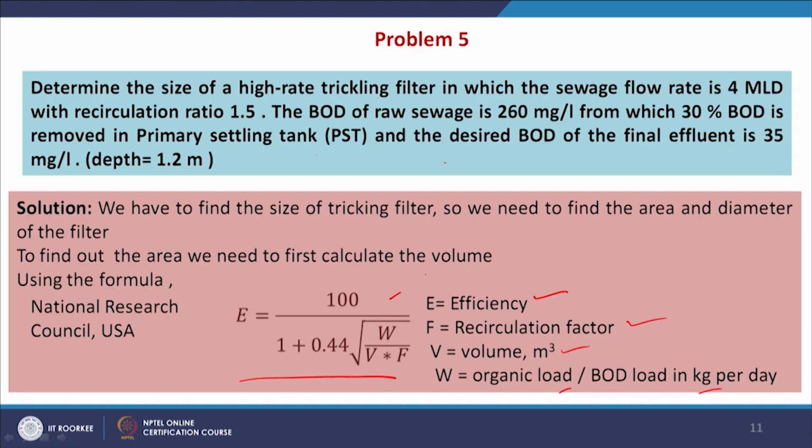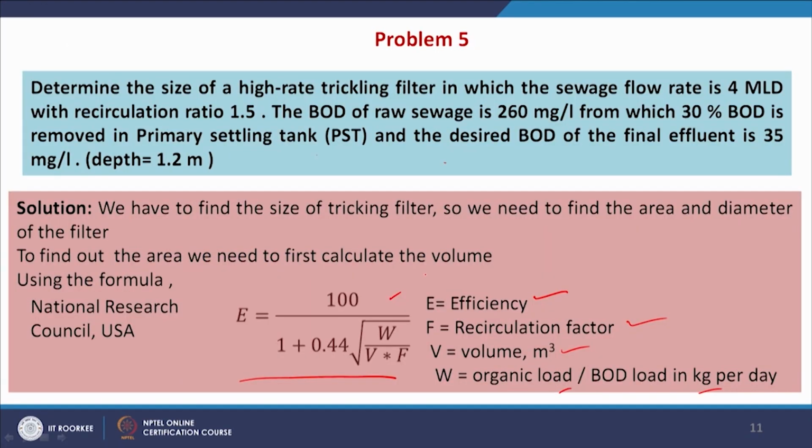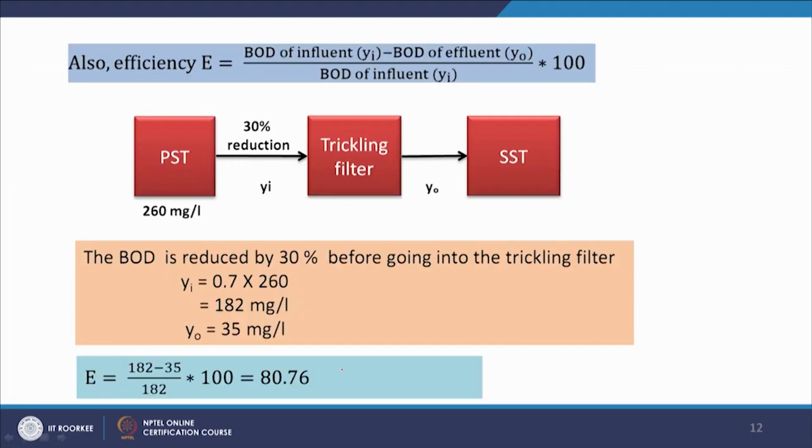Okay. So, here we will use this formula to calculate the volume, then from that we will calculate the area, because depth is given. Now, there are some other conditions. At the primary sedimentation tank we are having 30% reduction in the BOD, and initially it is 260 mg per liter.